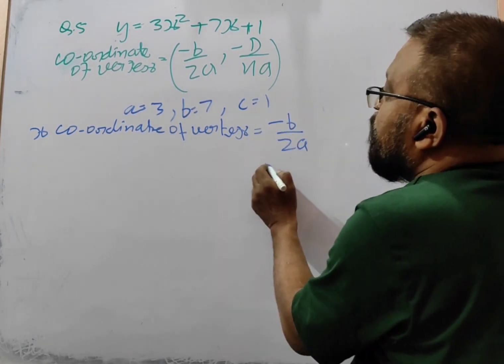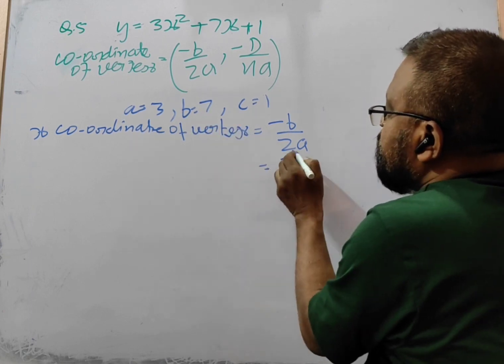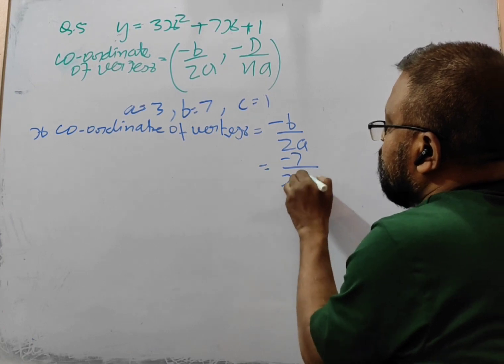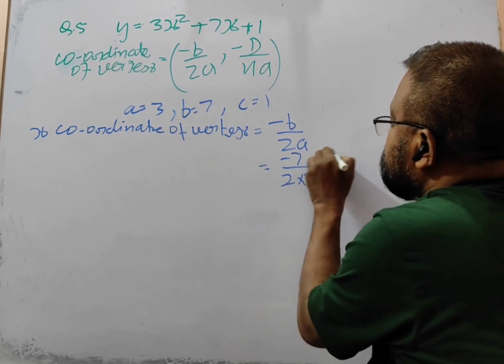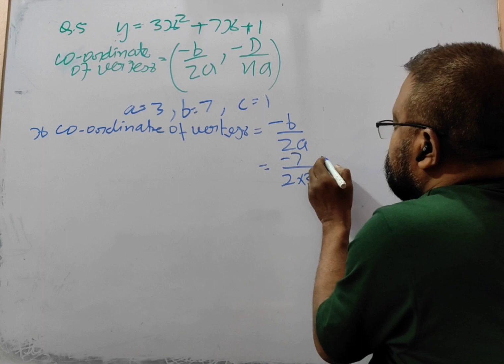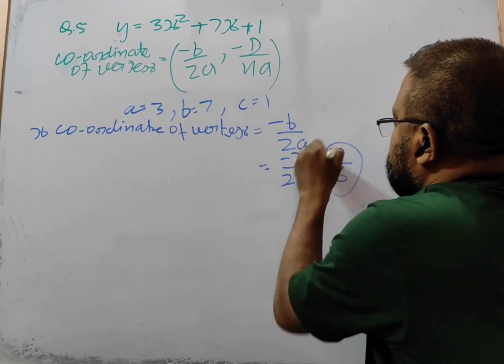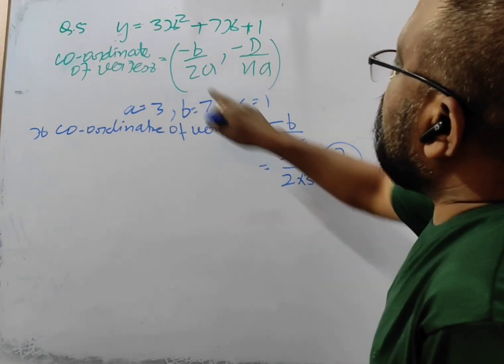So b is 7, so minus 7 upon 2 into 3. It becomes minus 7 upon 6. Right? So this is the coordinate of x.